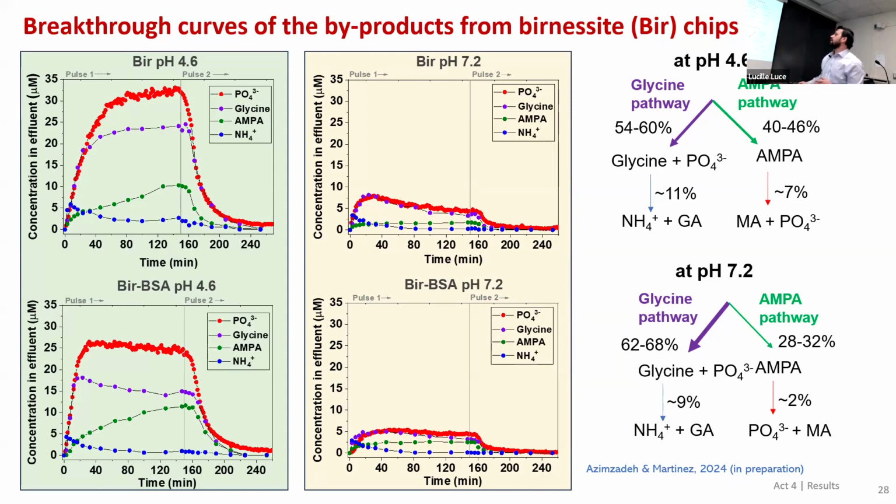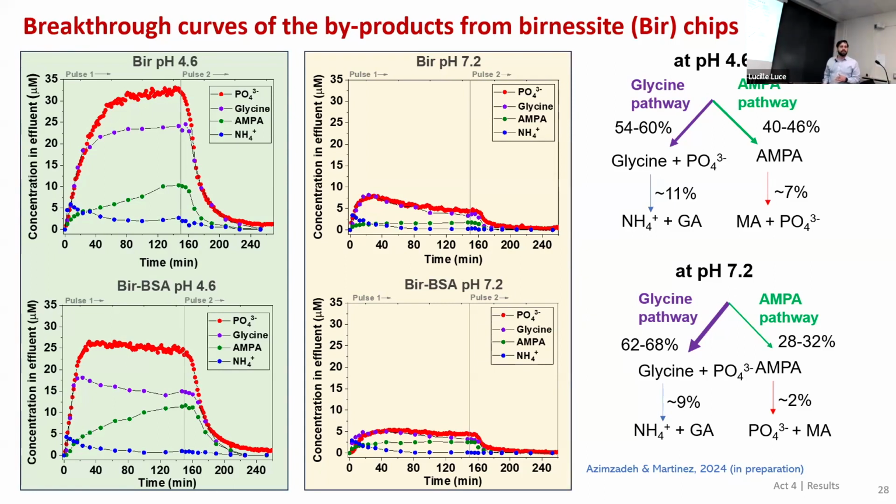At the bottom of the panel, we have birnessite with BSA, and on top, birnessite alone, no BSA. It's very obvious that at greater pH, transformation becomes less. You have fewer byproducts. And also, at either pH 4.6 or pH 7.2, when we have protein at the surface, it diminishes the degradation. We have less transformation of glyphosate.